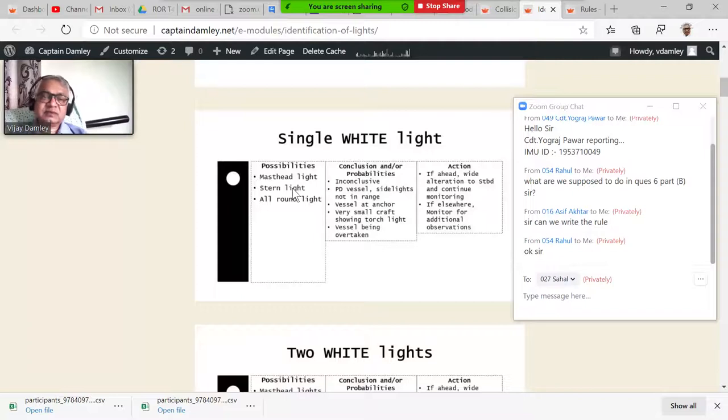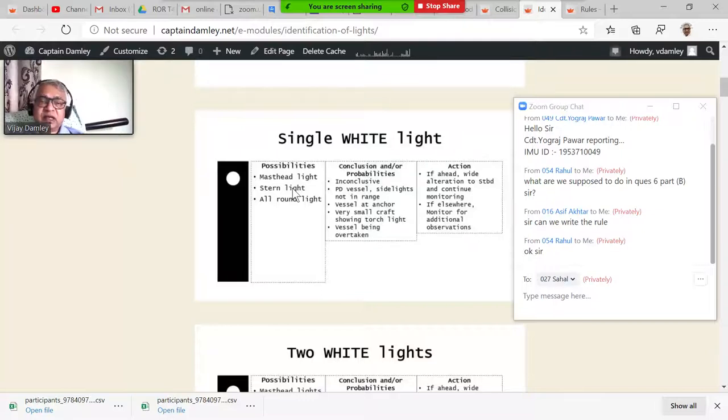Okay. Now, next thing comes, I see a white light. What action? There are so many possibilities, 3-4 possibilities here. So what action? If it is right ahead, means straight in your direction of movement, you give a wide alteration to starboard, because never mind what it is. If it is a masthead light, you are acting as per rule number 15.